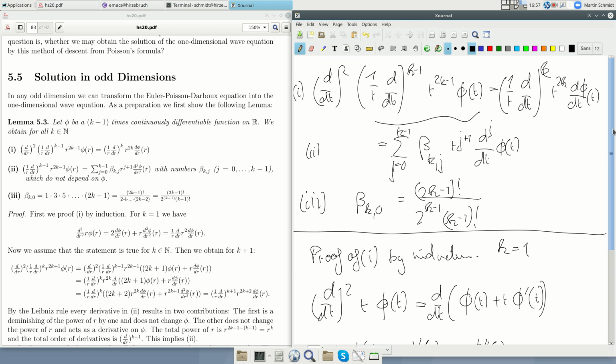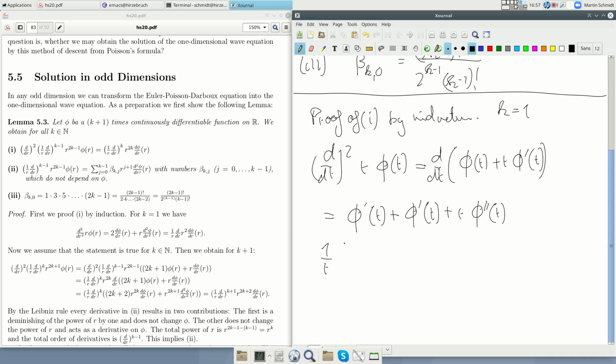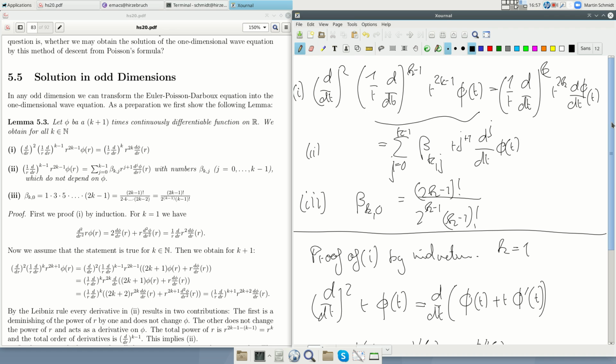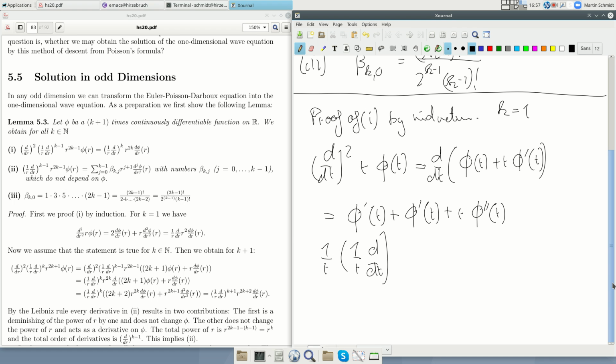Okay, and what is the right hand side? This is 1 over r, d by dr, times r squared times d phi by dr, sorry, it's r squared here.